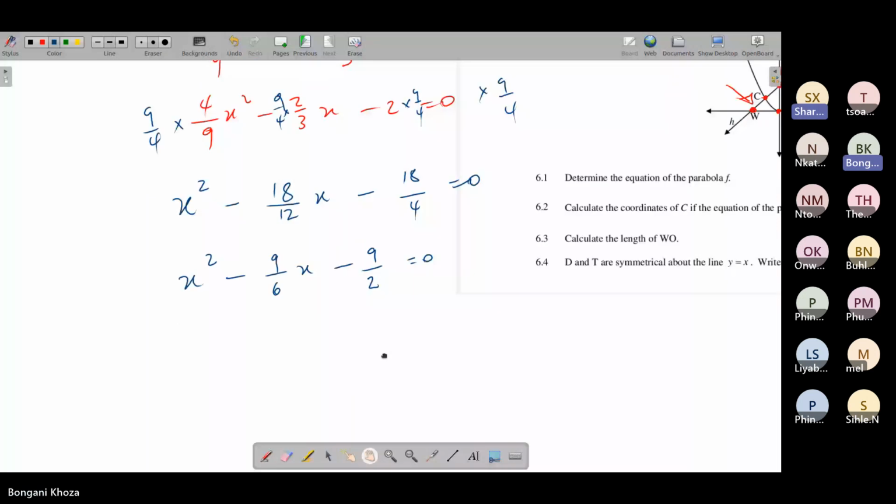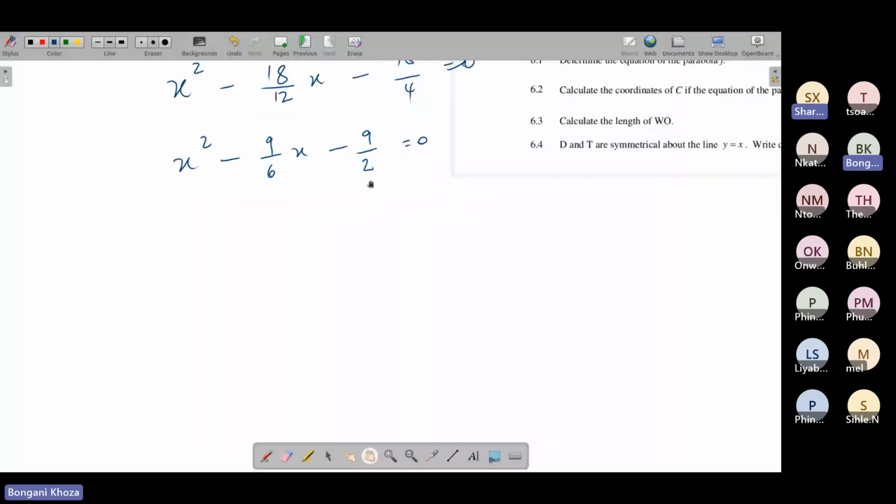So now we have to try and factorize this guy. We're going to be looking for factors of this 9 over 2. So 9 over 2 is just 4.5. Right. So let's see if we can get factors of 9 over 2. All right. This is going to be a horrible calculation, but let's try it. Right, so this will be x and x. We are looking for these factors such that when we add or subtract them, we get this guy over here.